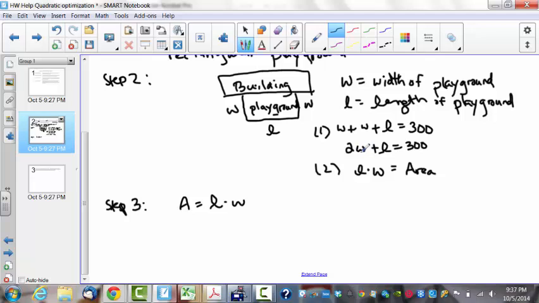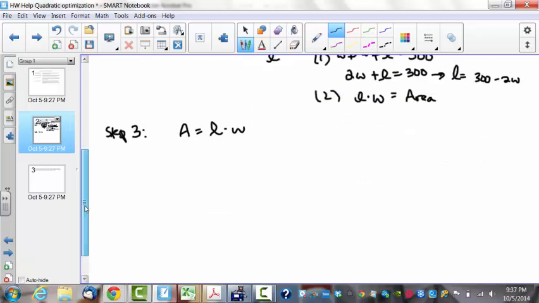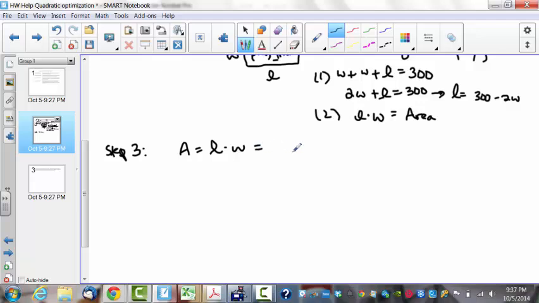If you were to isolate width, you could subtract L from both sides, but then you'd have to divide by 2. So let's rewrite this as L equals 300 minus 2W. Because L is equal to 300 minus 2W, I'm going to rewrite the area as 300 minus 2W times W. So that's our function that we want to maximize.